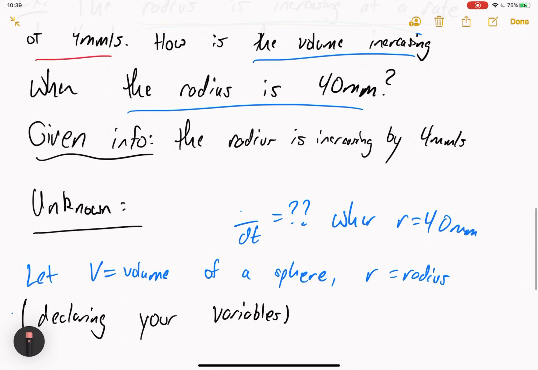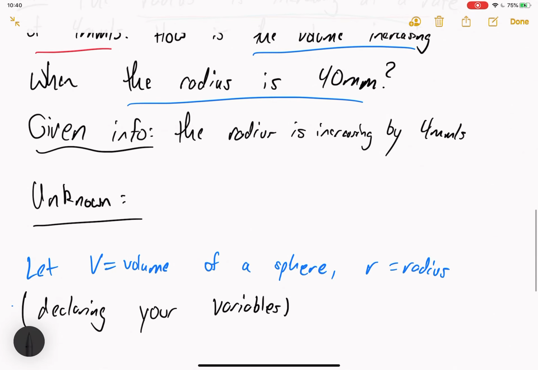And our unknown is the rate of increase of the volume. I need to be a bit more precise. It's always a rate.